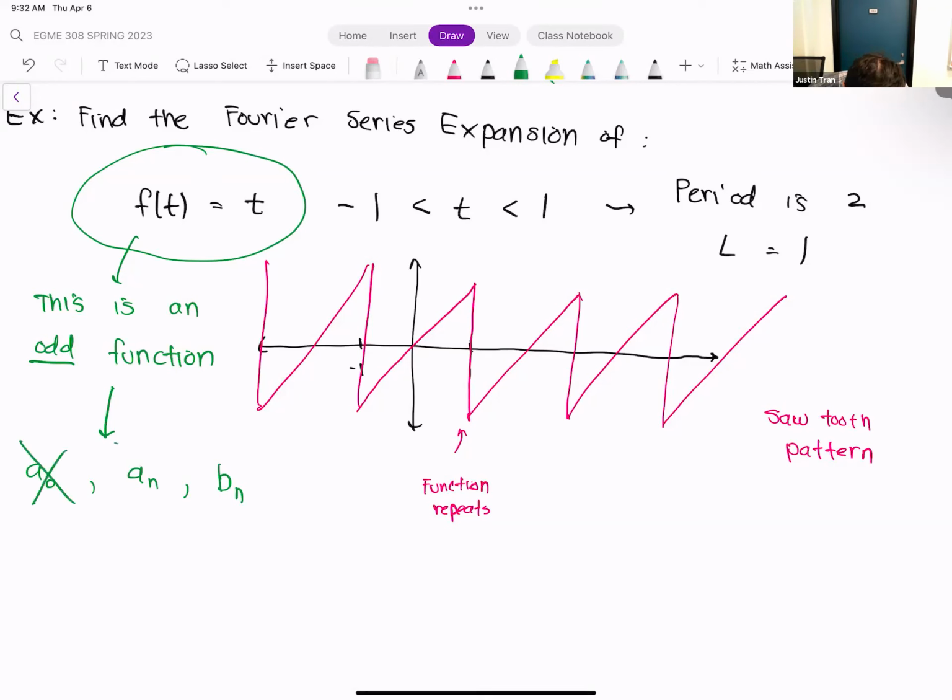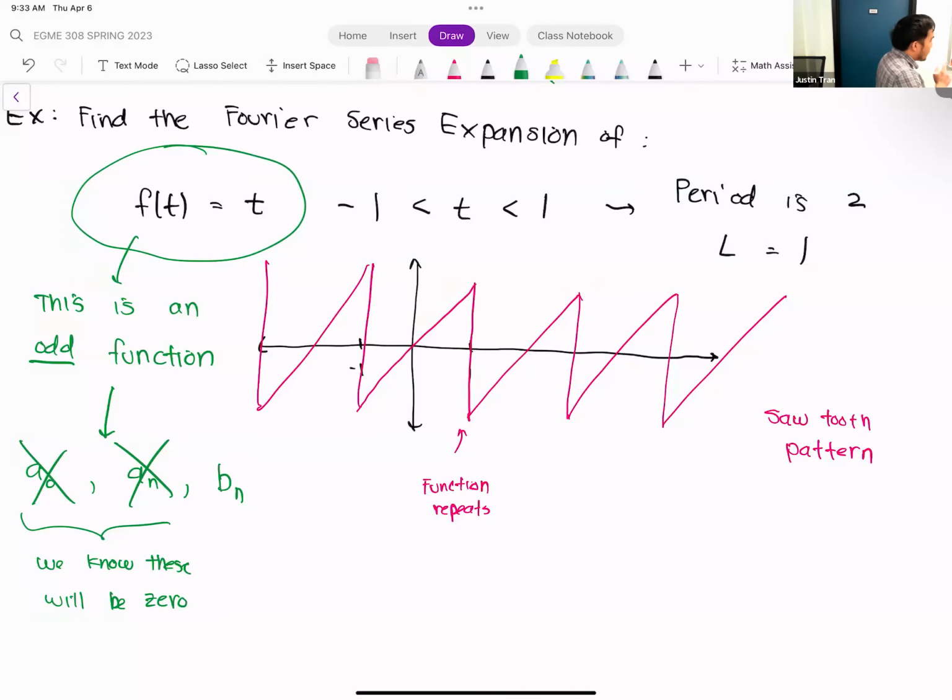So this is going to be 0, and that is going to be 0. And so the only one we actually have to compute here is bn.